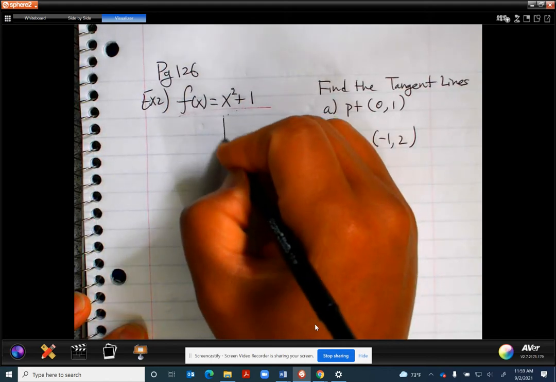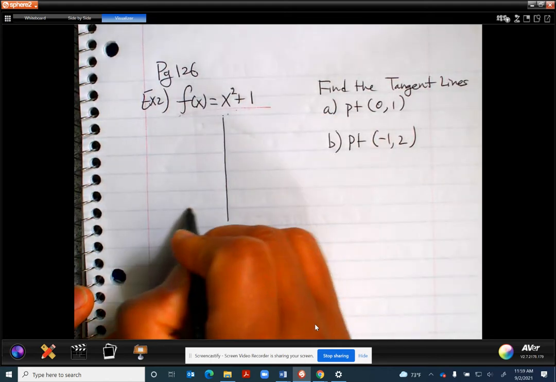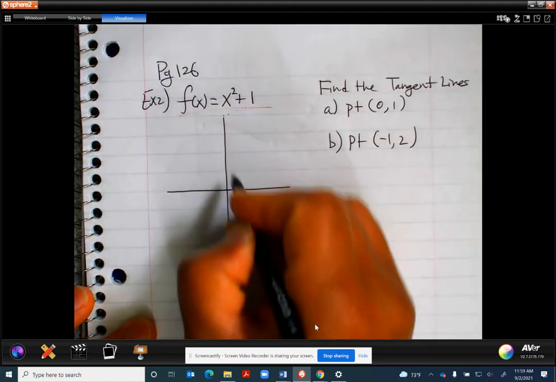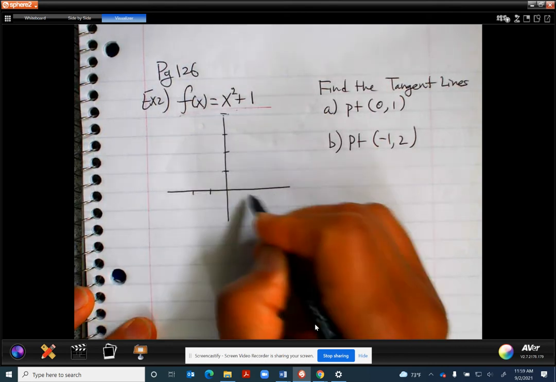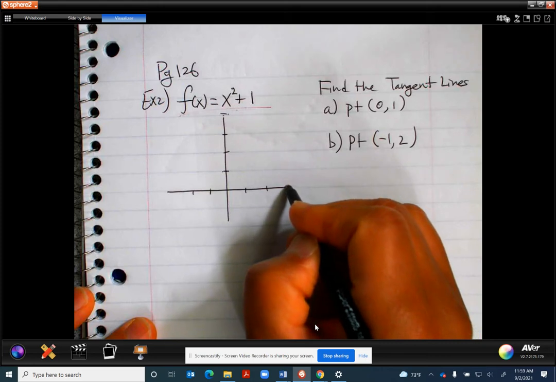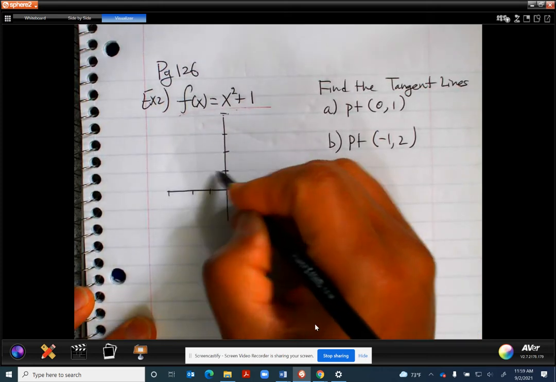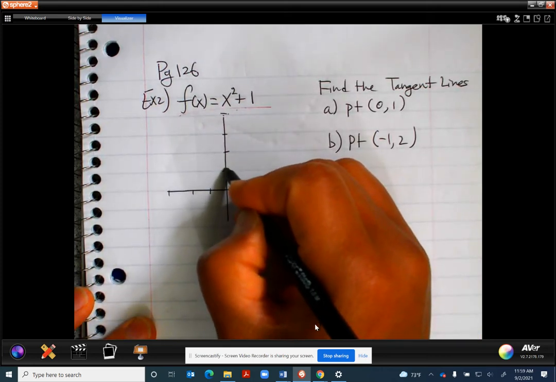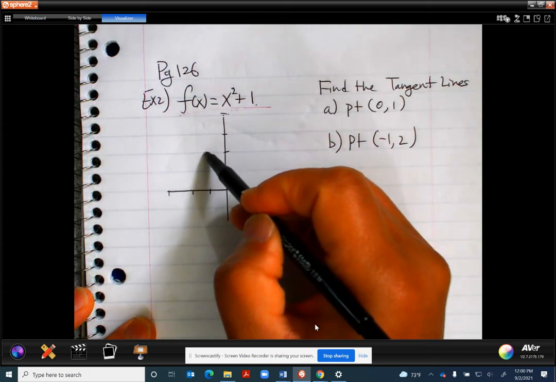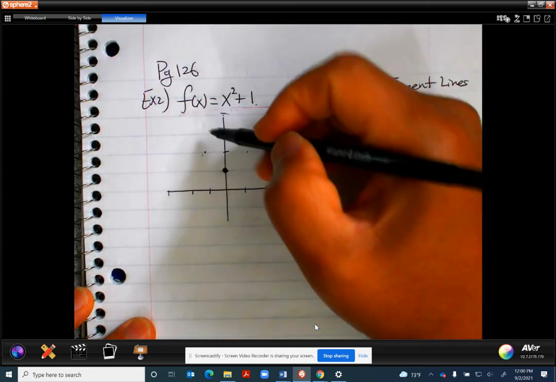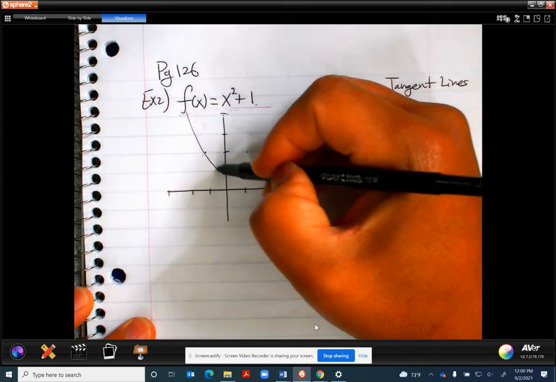Isn't it a parabola? Doesn't it look somewhat like this? 1, 2, 3, 4. 1, 2, 1, 2, 3. And then we're starting at 1, right? And then this parabola is opening up something like this.